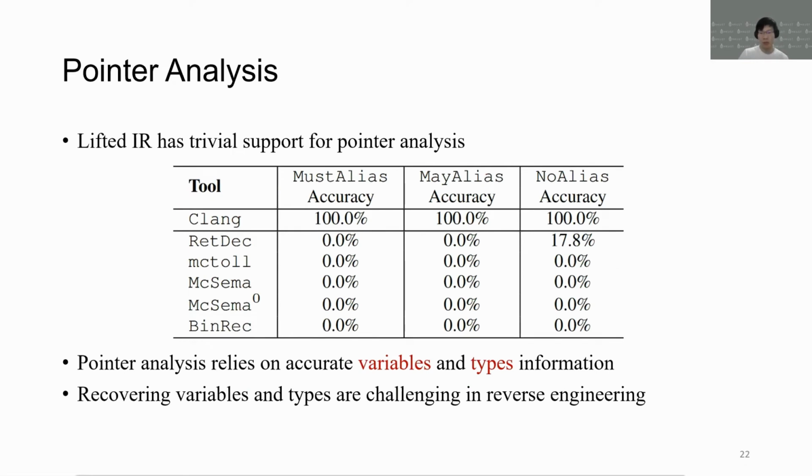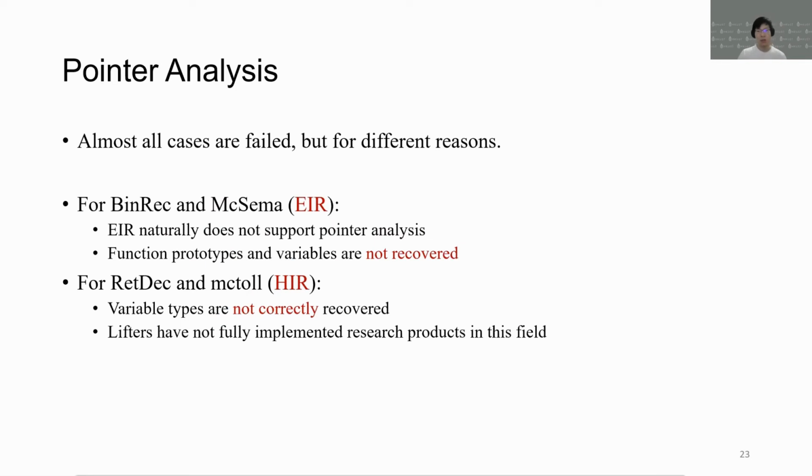We find that all lifters have trivial support for pointer analysis. The main reason is that pointer analysis relies on accurately recovered variables and types. However, 100% recovery is challenging and undecidable in reverse engineering. Besides, we find that lifters failed for two different reasons.